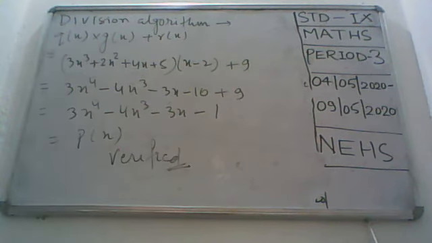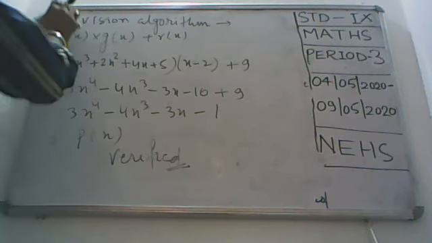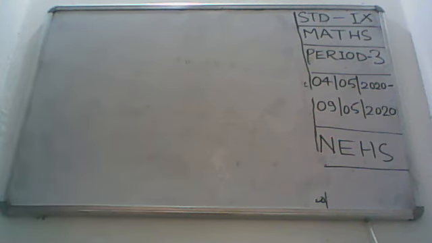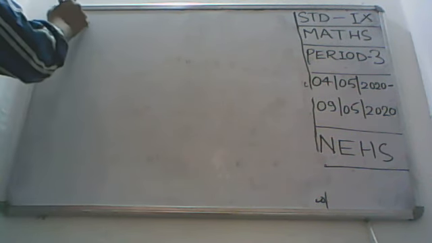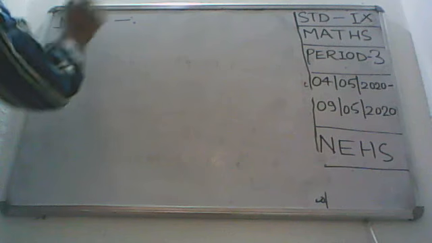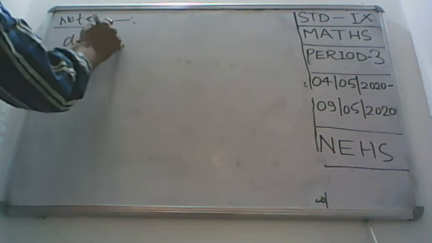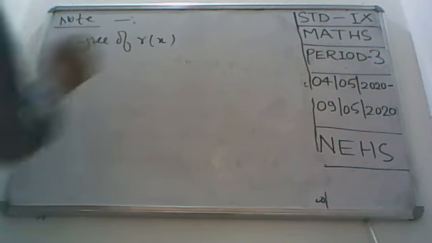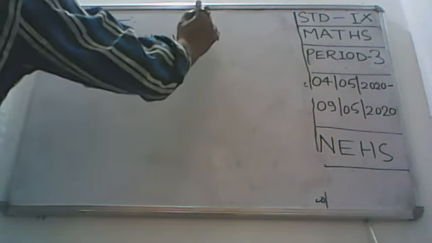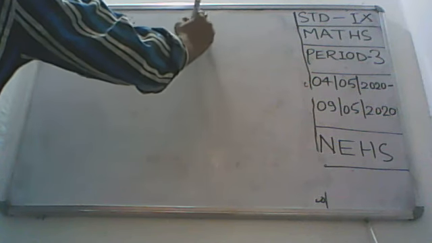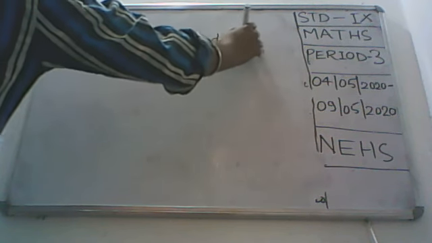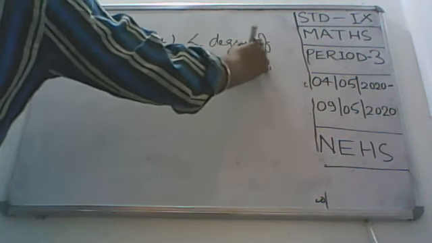So this is what the algorithm is. One important note I would like to write here: the degree of Rx, meaning the remainder, should be less than the degree of Gx.